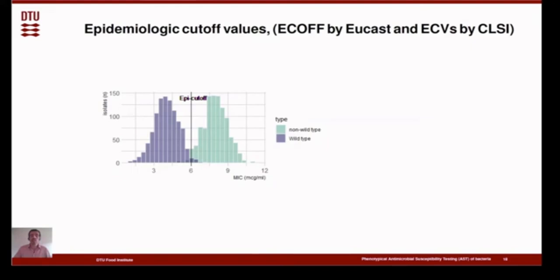So what is often used is what is called epidemiologic cutoff values. These are abbreviated as ECOFF by EUCAST, or ECVs by CLSI.